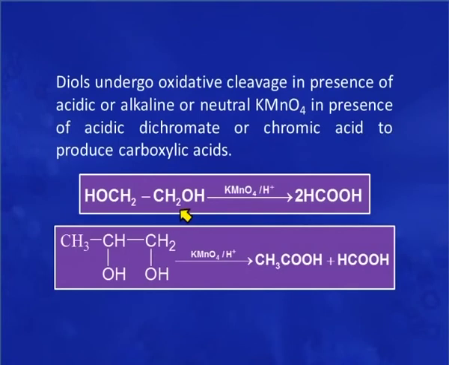For example, ethylene glycol forms two molecules of formic acid or methanoic acid. Propane 1,2-glycol forms one molecule of ethanoic acid and one molecule of methanoic acid by oxidative cleavage in the presence of potassium permanganate.